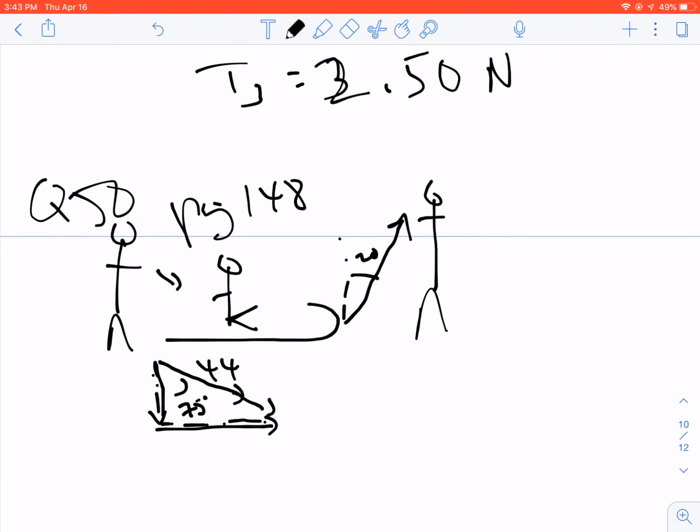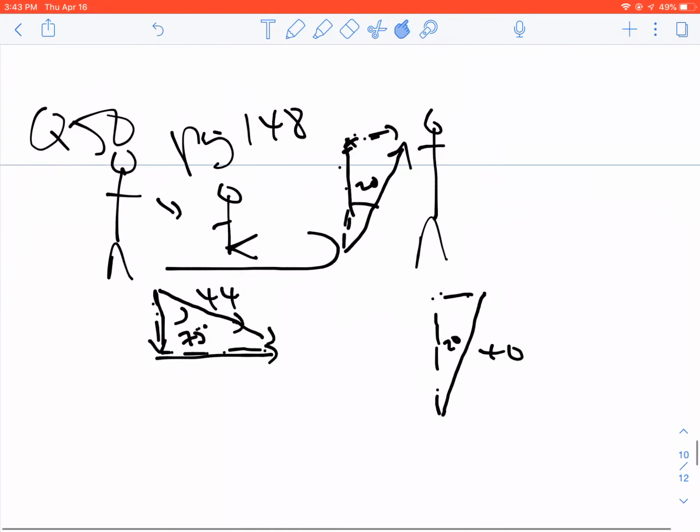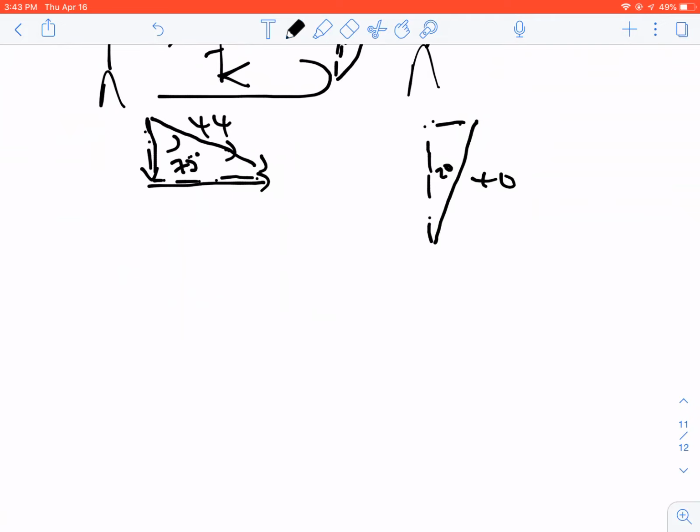The person at the front is pulling up and pulling forward. So I'm going to analyze these two. Actually, I'm going to redraw that one vector down here. There's my 20-degree angle. There's my 40 newton force from the person at the front. And now I'm going to analyze those two vectors in terms of SOHCAHTOA.